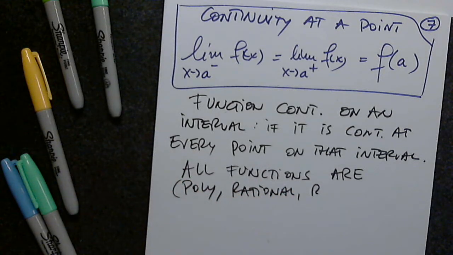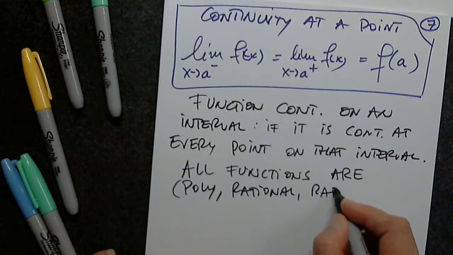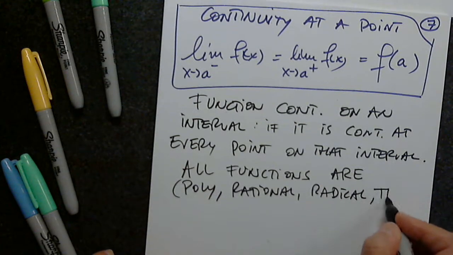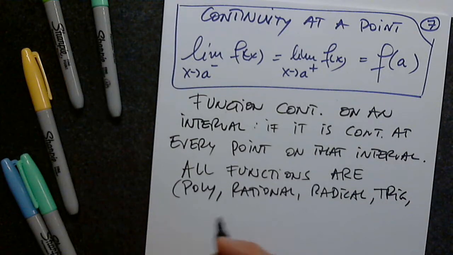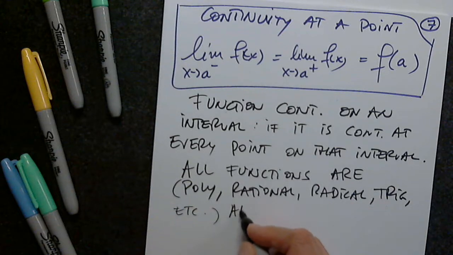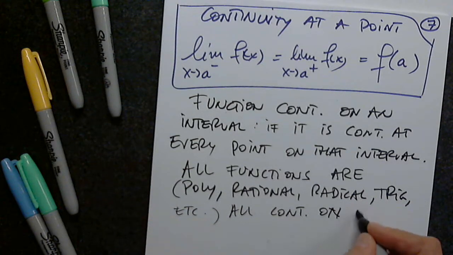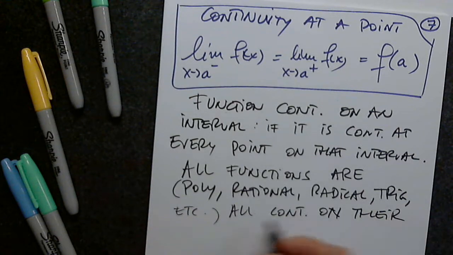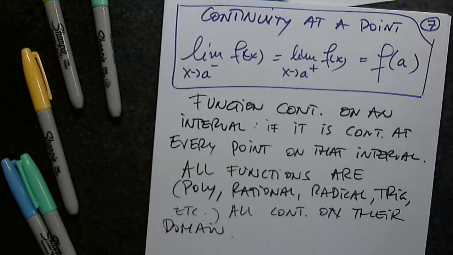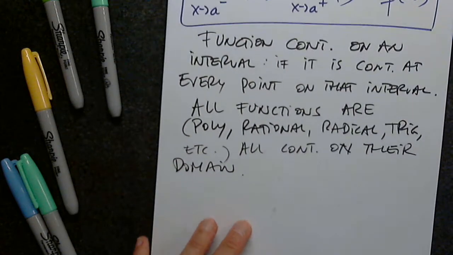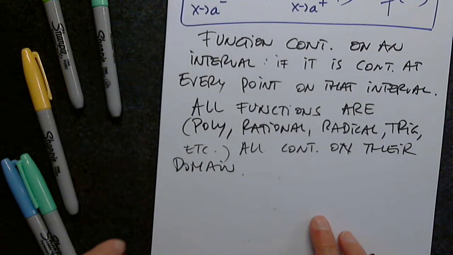So I should not just generalize and say all functions like that. Polynomial, rational, radical, trig, and I can say etc. are all continuous on their domain. These are all functions that are continuous on their domain.